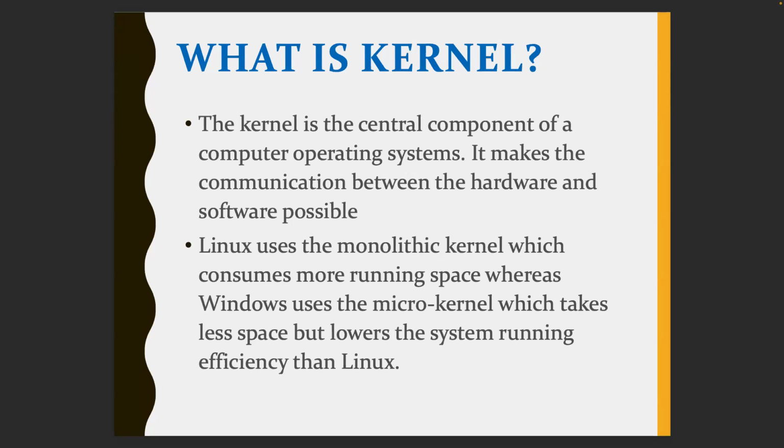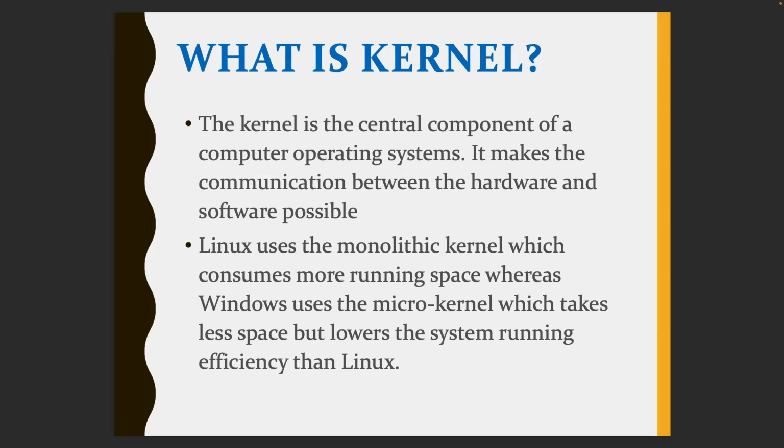And there are different types of kernels: monolithic kernel and microkernel. The Linux operating system uses a monolithic kernel, which consumes more space but makes it more efficient. Windows uses a microkernel, which takes less space, but it's not performance driven, right?